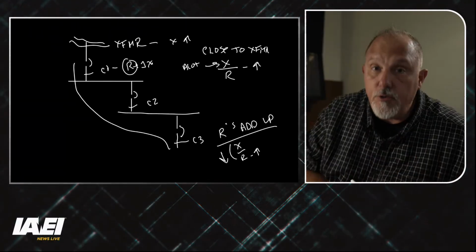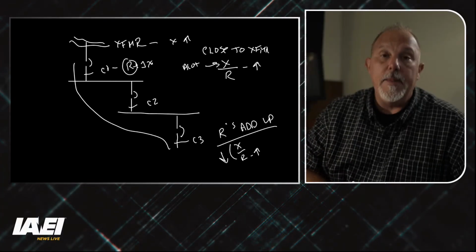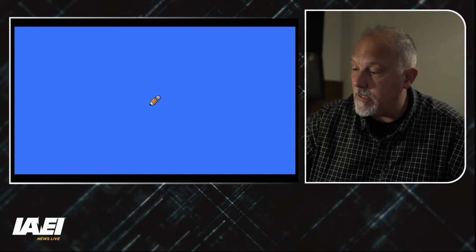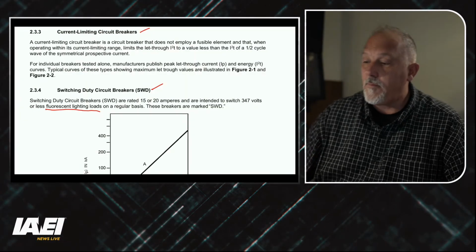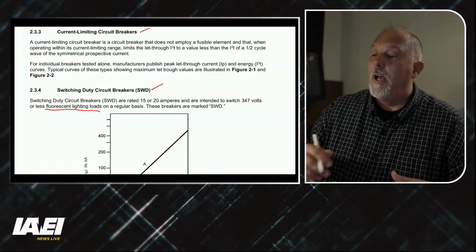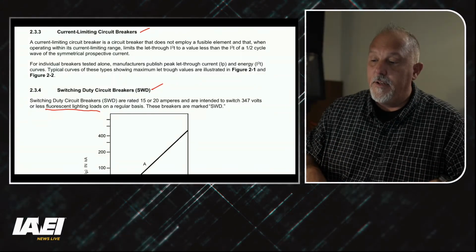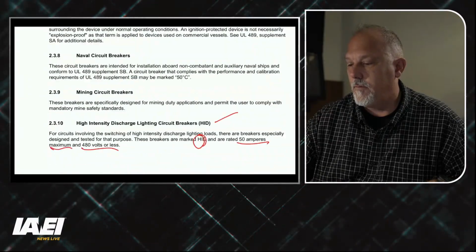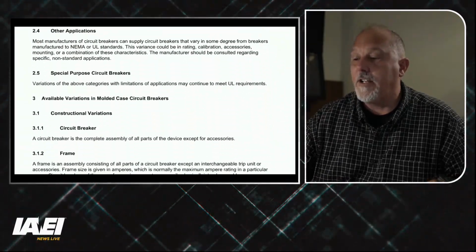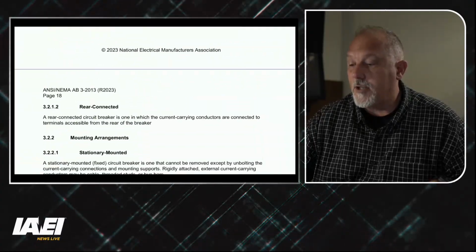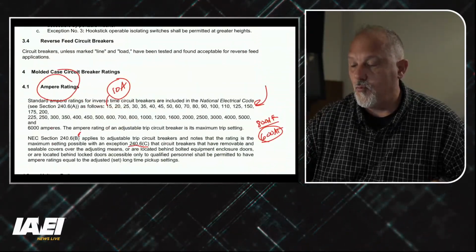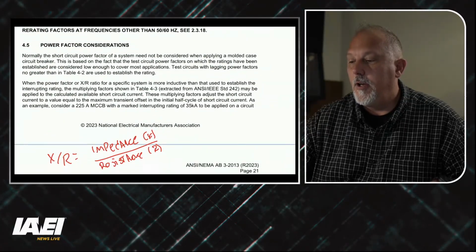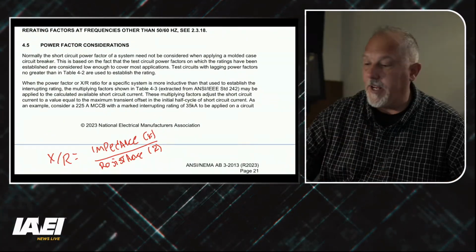So when I am close to a transformer, I have a higher X. In those cases, I could have a circuit breaker that has a high X to R ratio.